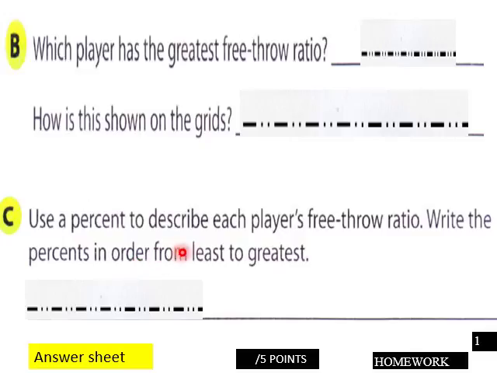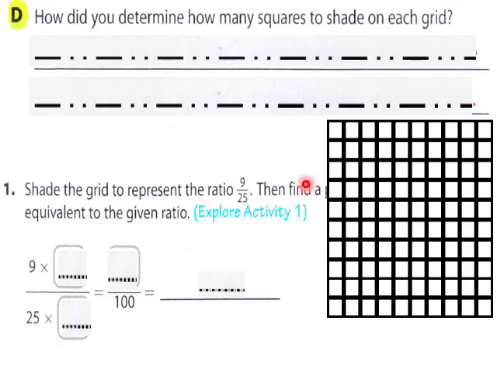Write the percents in order from least to greatest, from the worst to best free throw ratios. Page 2 of your homework. How did you determine how many squares to shade on each grid? Shade the grid to represent the ratio 9 over 25. Then find an equivalent ratio to the given ratio here.